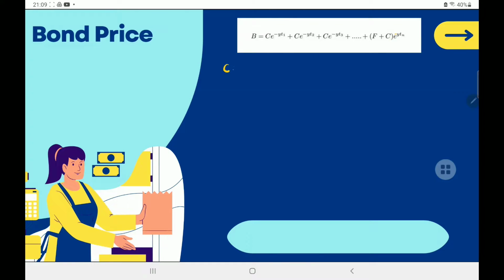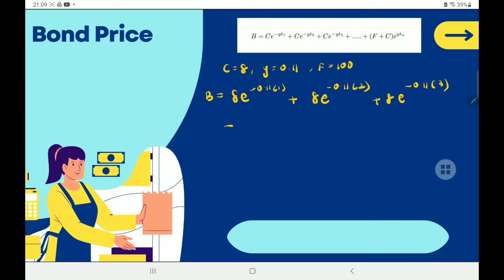So C equals 8, Y equals 0.11, F equals 100, which is 8e^(-0.11×1) plus 8e^(-0.11×2) plus 8e^(-0.11×3) plus 8e^(-0.11×4) plus face value plus C times e^(-0.11×5).